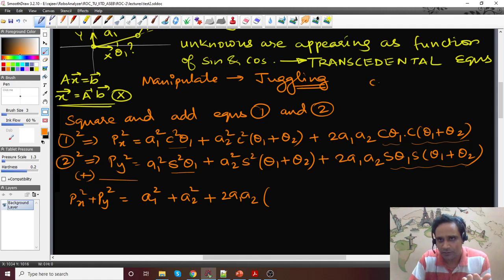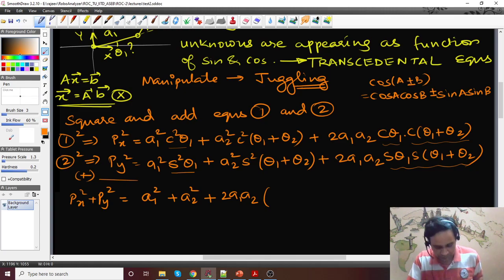If you remember, cos of a plus b is cos a cos b minus sine a sine b. Similarly, cos of a minus b will become the reverse.